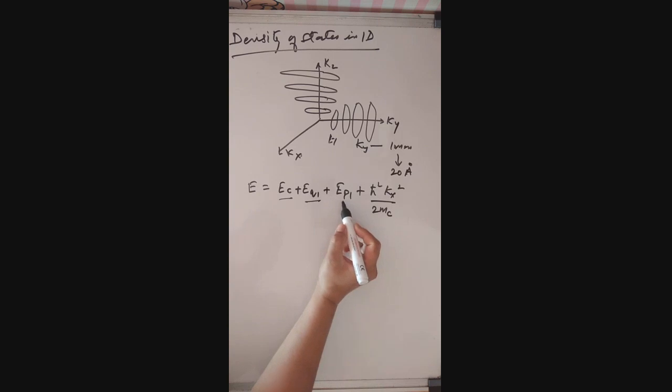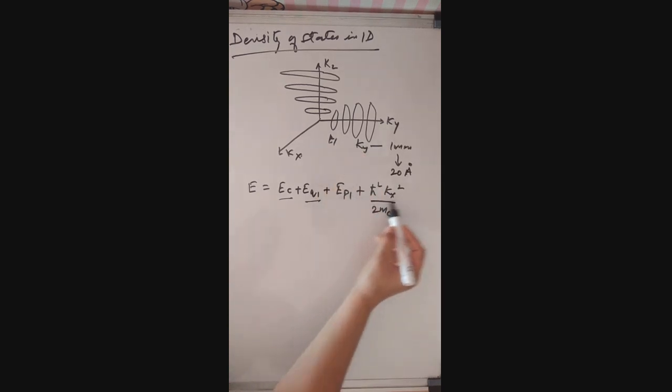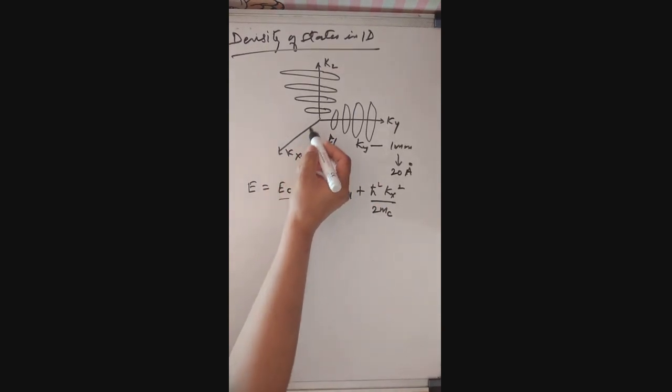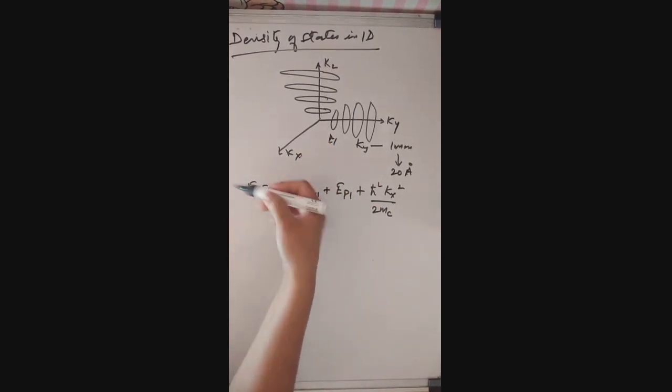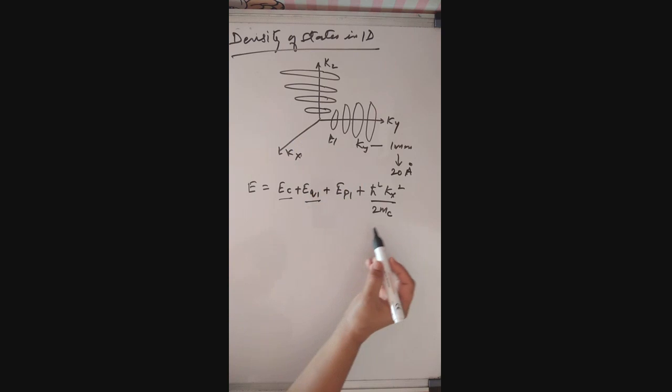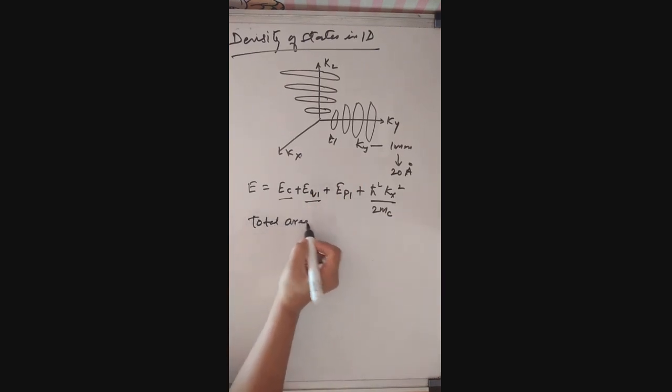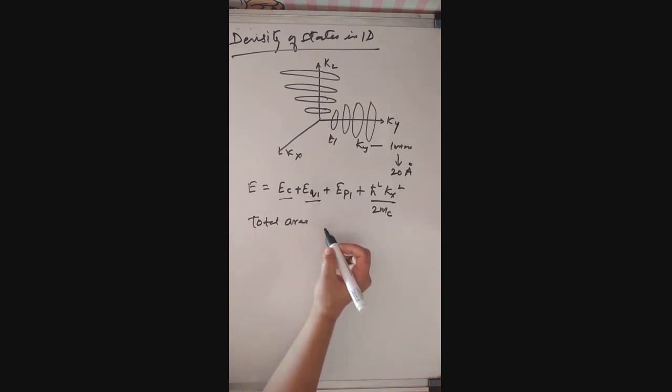So this is the EP1 for this first ring, and this is the energy in the kx direction, because in the x direction the electron can take any allowed state it can occupy. So this is the energy in the case of the one-dimensional structure. Now we will directly go to the density of states in this case.